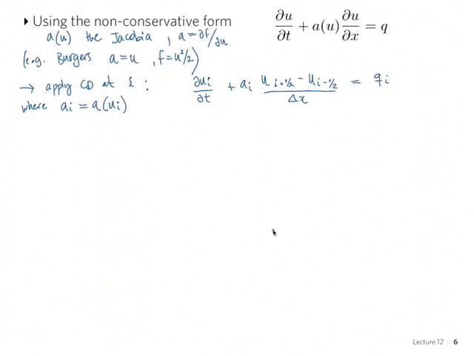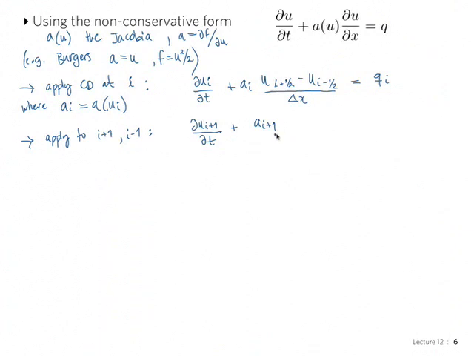So now we're going to apply it to the points i plus 1 and i minus 1, similarly to what we just did, and we would have du_(i+1)/dt plus A_(i+1), and we have here just the same as we had before.